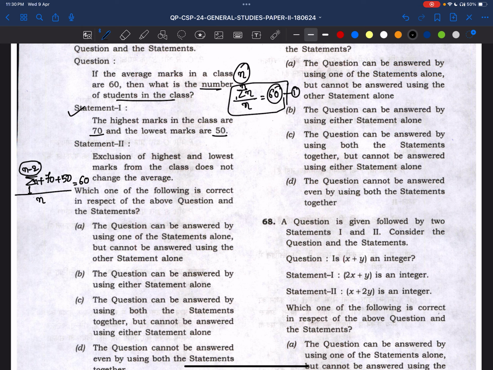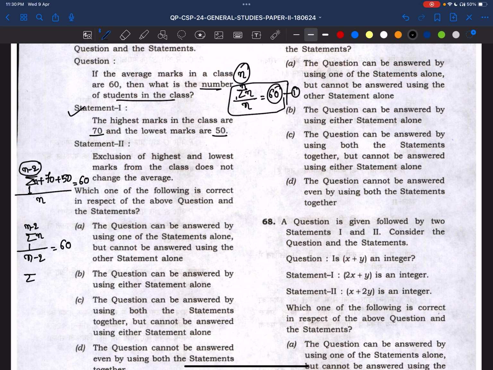Again, it is telling that if we remove the highest and lowest marks, the average is the same. That means sigma 1 to n minus 2 by n minus 2 is equal to 60. Let's solve the equation.